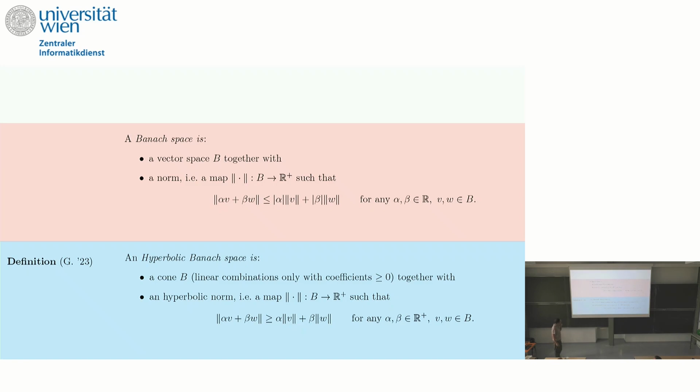So a hyperbolic Banach space, I think, could be, first of all, a cone. So I want to give up the vector space structure. I'm giving up the vector space structure. And what I retain is the possibility of taking linear combinations with non-negative coefficients. And I want this to be endowed with a hyperbolic norm. So something for which the reverse triangle inequality is in place, right?